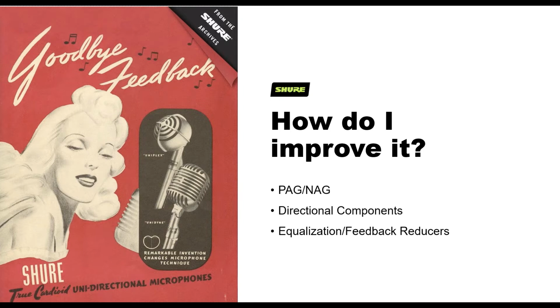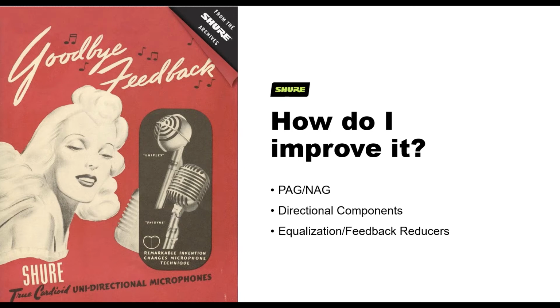Despite even the claims from Shure's own advertising back in the 1940s, just going to a cardioid pattern microphone isn't necessarily the number one way to improve your gain before feedback. We did have this goodbye feedback ad, one of the original ads for the 55, which was a cardioid unidirectional pattern.